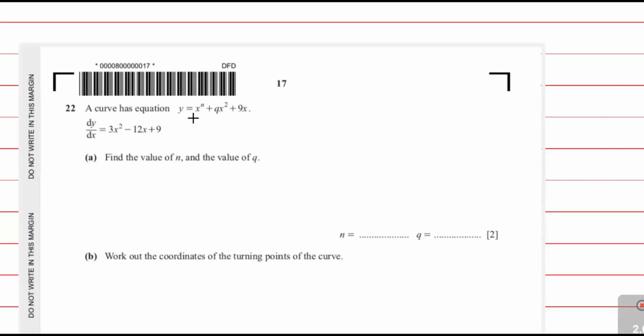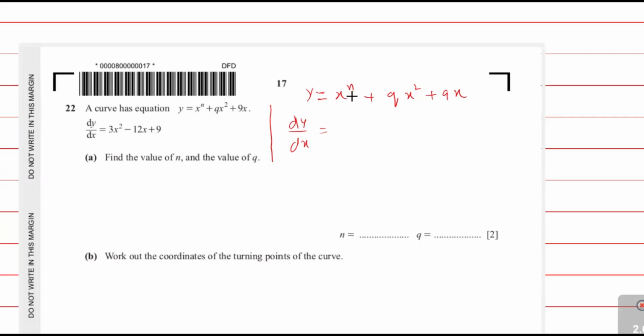Question 22. A curve has equation y equals x power n plus qx square plus 9x, and dy over dx equals 3x square minus 12x plus 9. Look here, y equals x power n plus qx square plus 9x. Next, we will take the derivative of this equation.